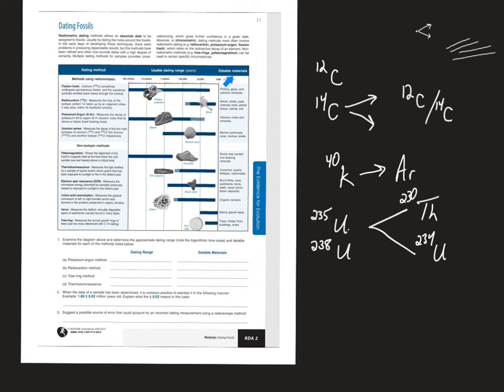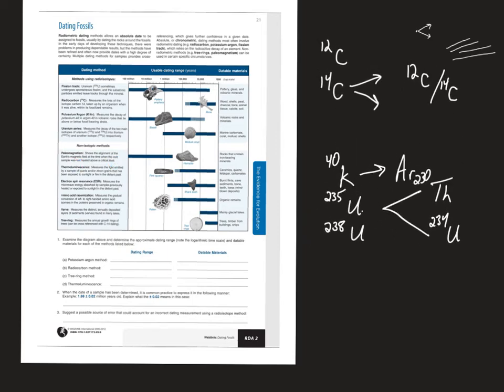And so you see that each of the materials has its own method of dating these ancient artifacts. So paleomagnetism, again, is older. We discussed that method and where that comes from.